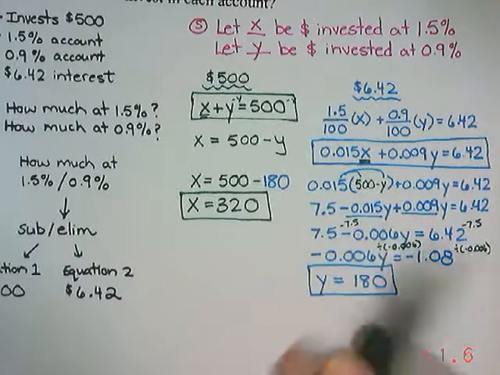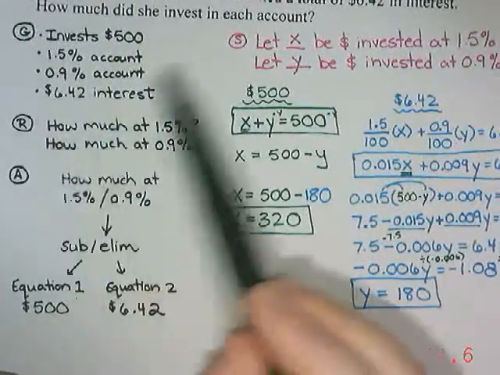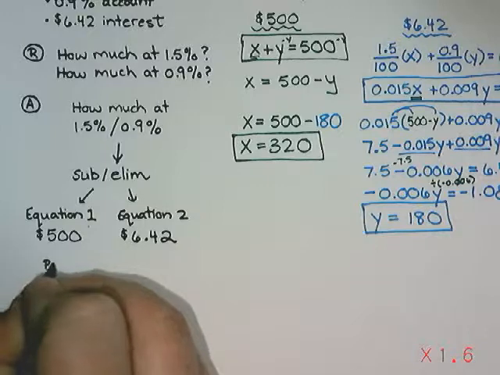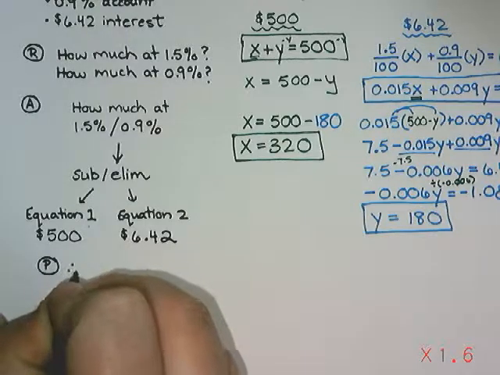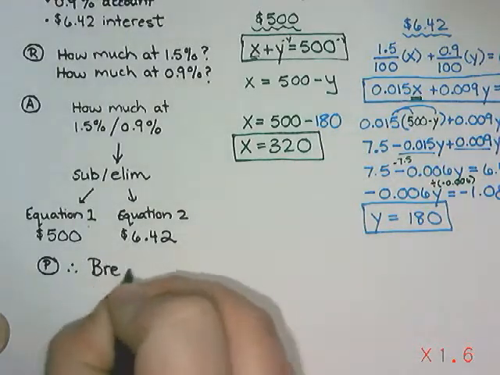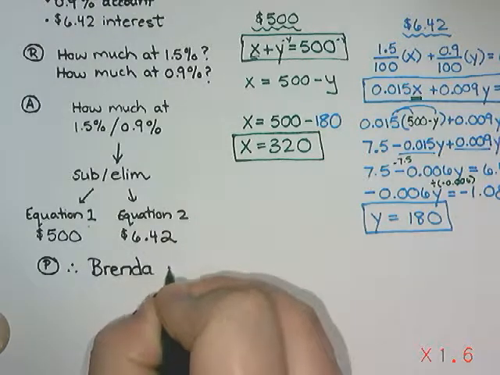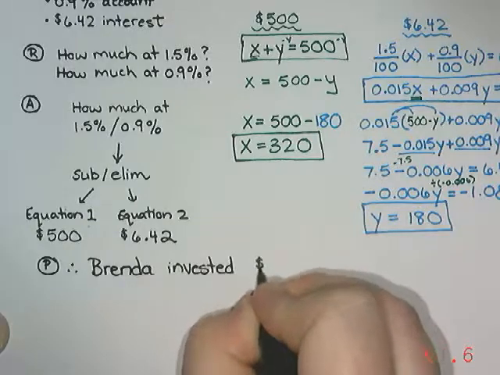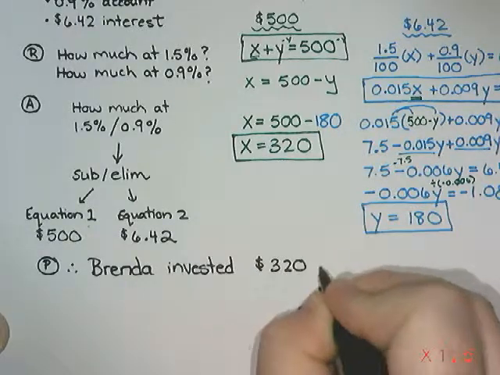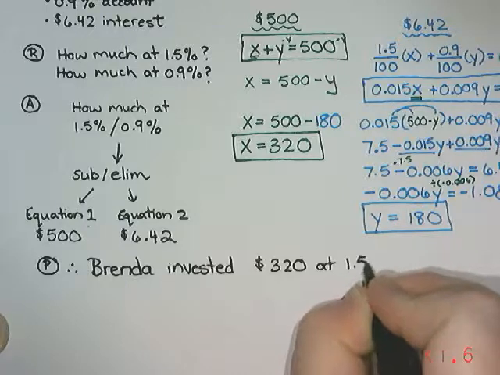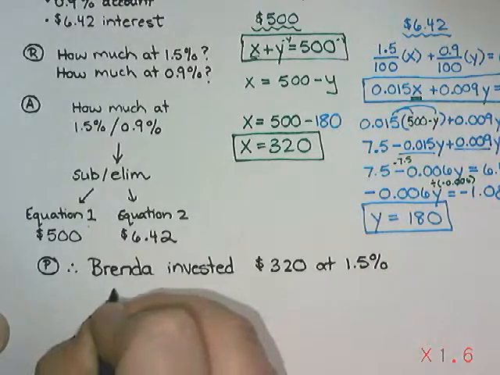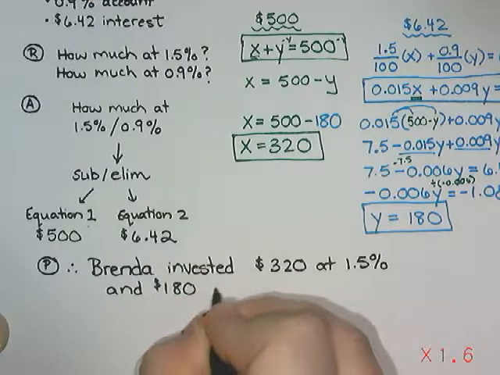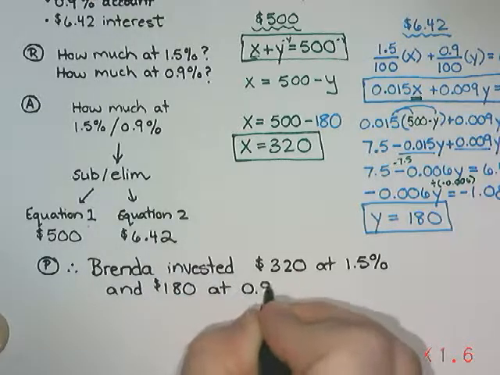And then I need to just do my last step, right? We've done GRAS. Last step is the P, the present, by writing a sentence that says, therefore, Brenda invested $320 at 1.5% and $180 at 0.9%.